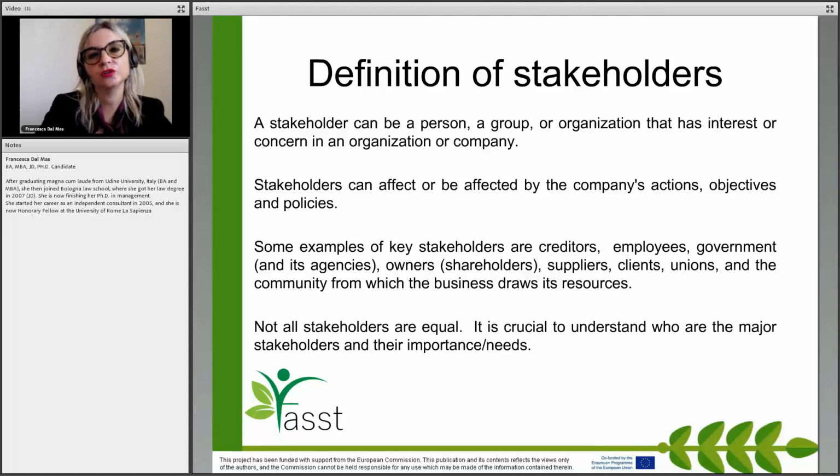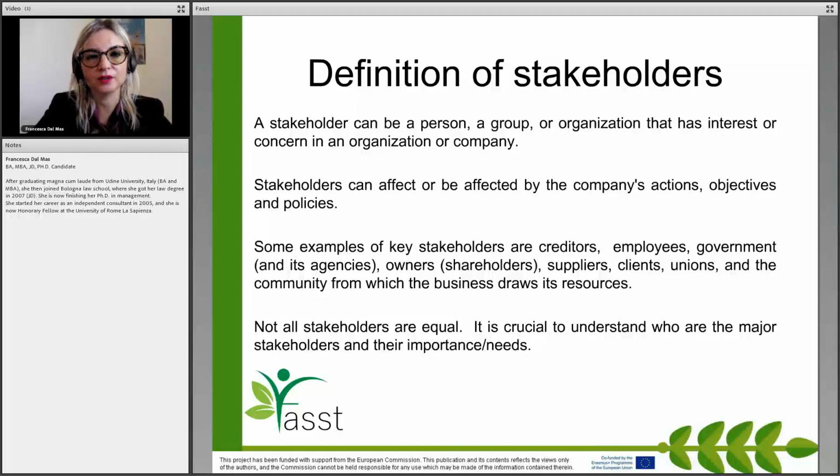Not all stakeholders are equal, of course. There are some that are more important than others. For instance, let's think about employees. Employees are usually among the key stakeholders of the company, but also the community in which the company operates plays a very important role. But that, of course, varies from one organization to another.